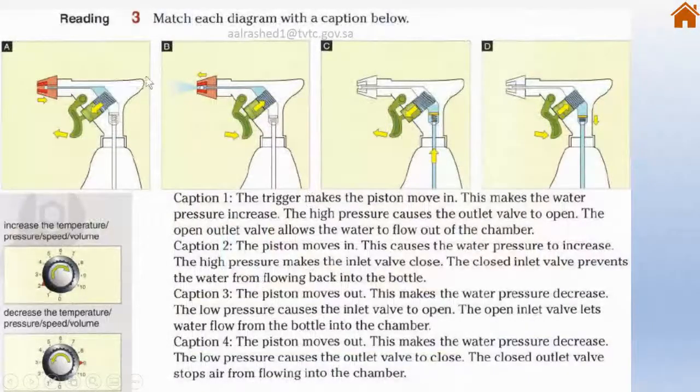We went through the caption, and we said a caption is basically a description of something using a picture. Under it you will have some sentences that describe what is in the picture.